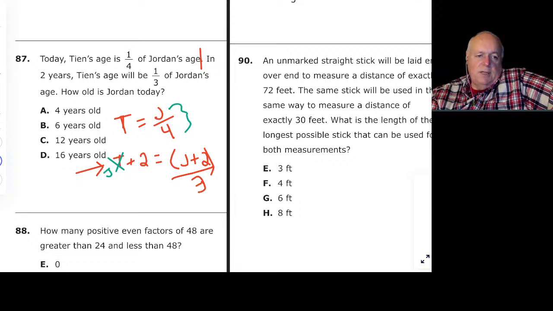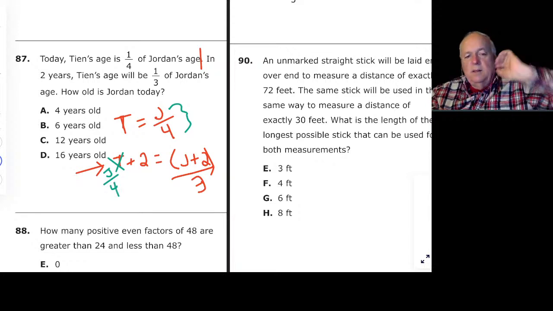And the reason we did that is now we have an equation that only involves one variable, J. We've gotten rid of T for now.